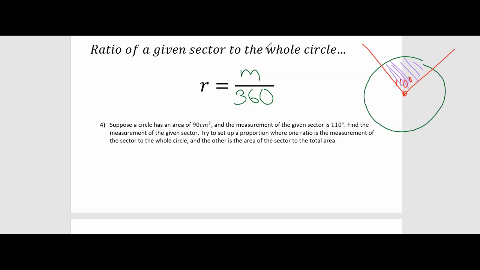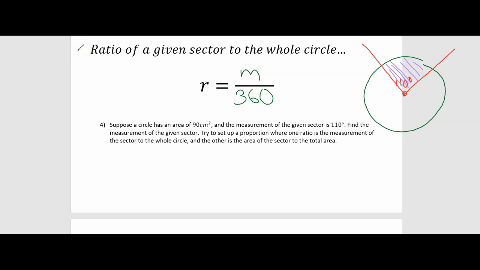Can we set up a proportion, or can we set up an equation where one ratio is the measurement of the sector to the whole circle and the other is the area of the sector to the total area? Now that's a lot of words, and before I just put this up here, I want you to try to figure it out. And maybe you won't even need to set up a proportion.